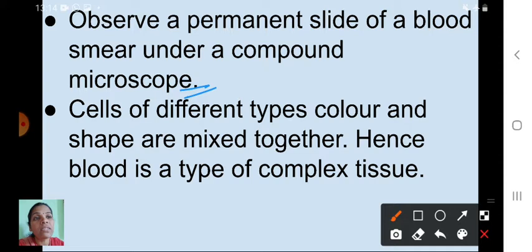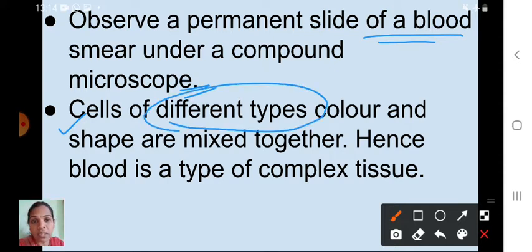When we see the permanent slide of blood in a microscope, what will you observe, do you know? Cells of different types, color and shape are mixed together. That's why blood is a type of complex tissue.